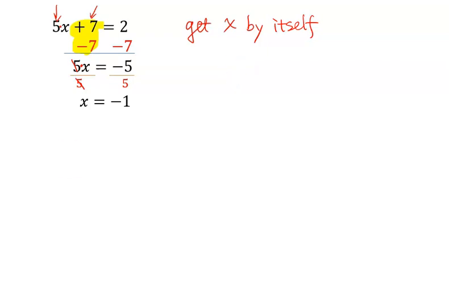Technically, after we divide both sides by 5, 5 divided by 5 will give us a 1. So there should be a 1 in front of x, but anything times 1 is itself. So now we can just get rid of the 1, and now we have x by itself.